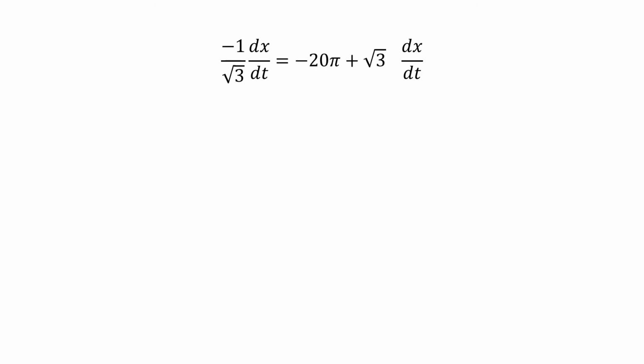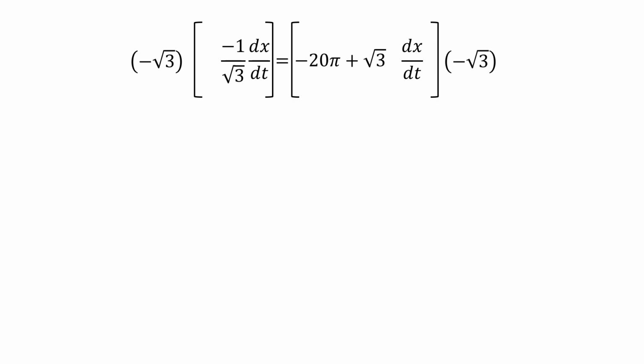I'm now going to multiply the left side and the right side of this equation by negative square root of 3. I use negative because I want the left side to become positive. Obviously, I will do that also at the right side. So here's the result. So the right side now becomes a positive 20 square root of 3 times pi minus 3. I'm now going to add 3 dx dt to the left side and the right side of the equation.